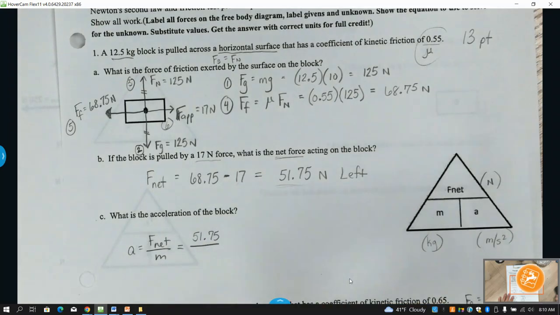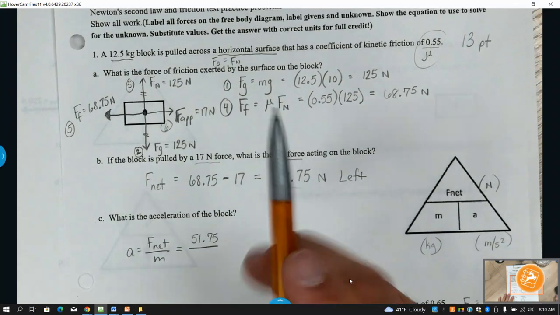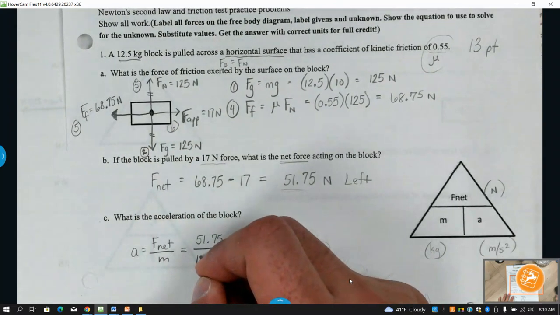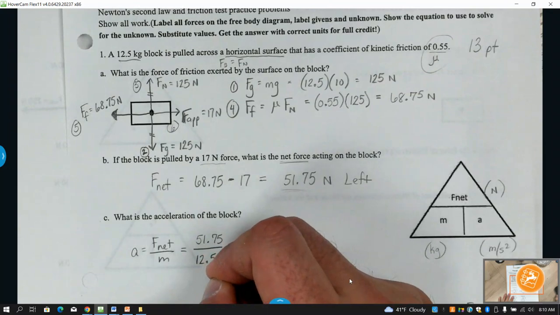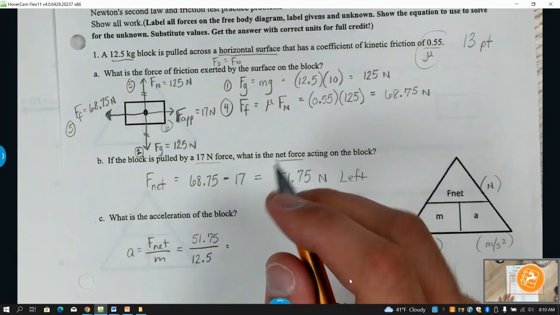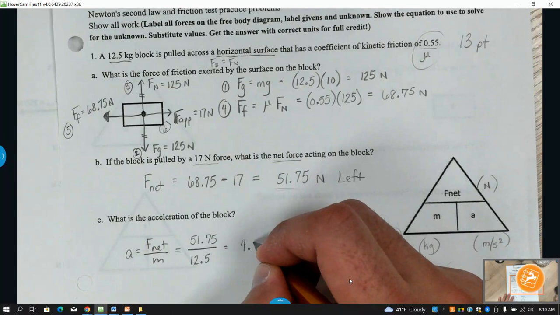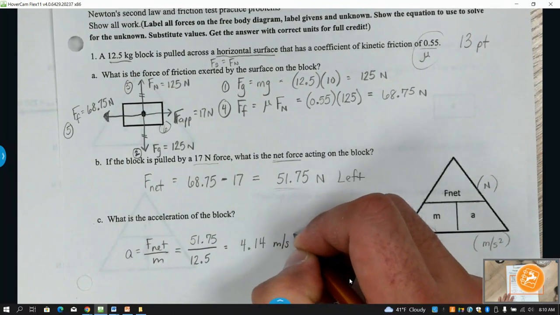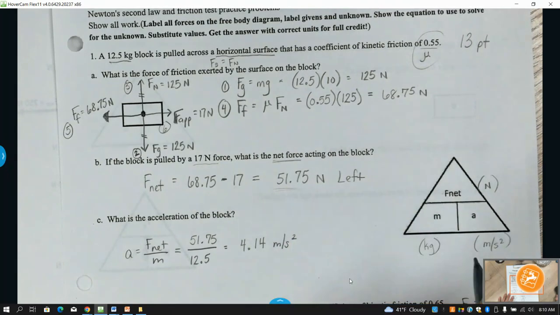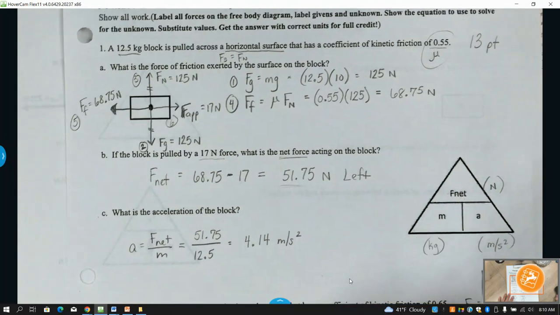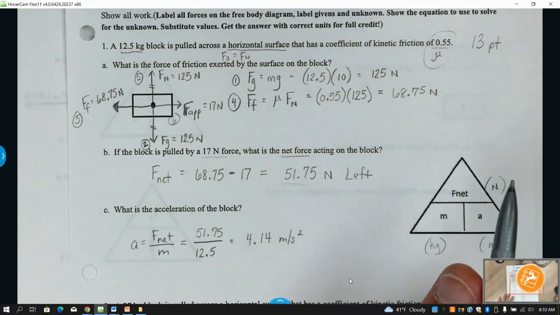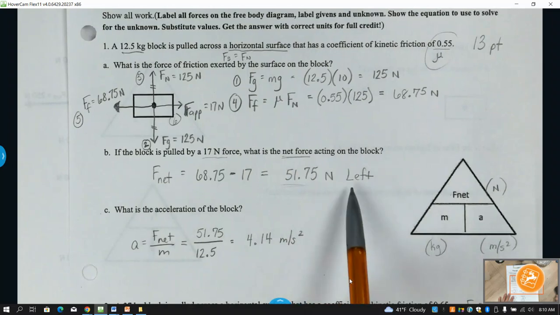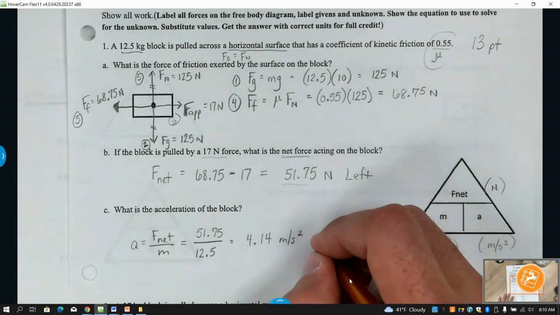And what was the mass? Very good, 12.5. And when we calculate this out, we're going to get somewhere around 4.14 meters per second squared. And what direction would the acceleration be? It's going to be to the left because that's the overall direction of my net force.